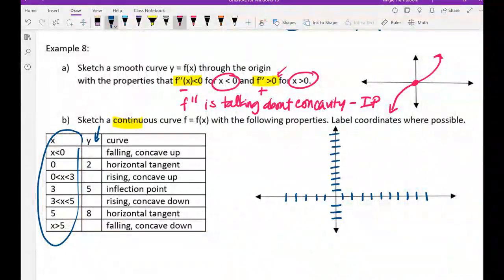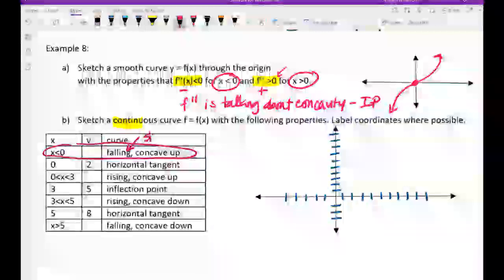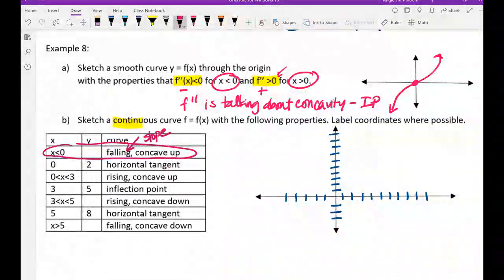All right, so here's the description. On the left side of 0, it says falling and concaving up. Falling is describing the slope; it's another way of saying decreasing.